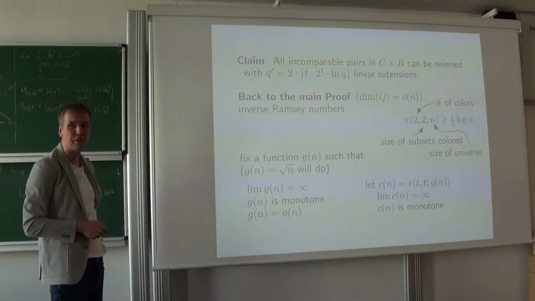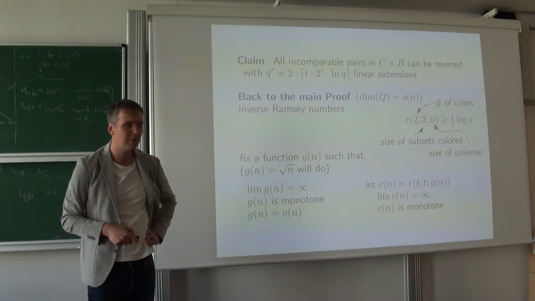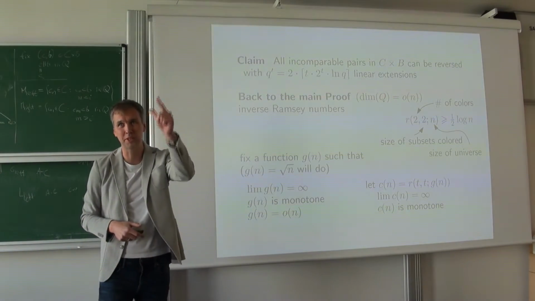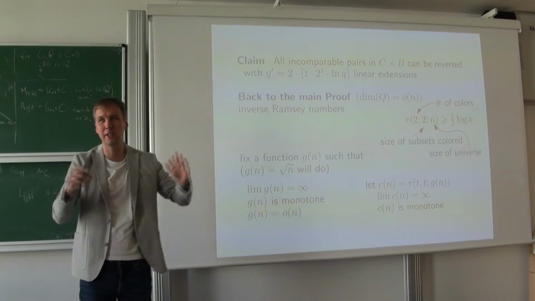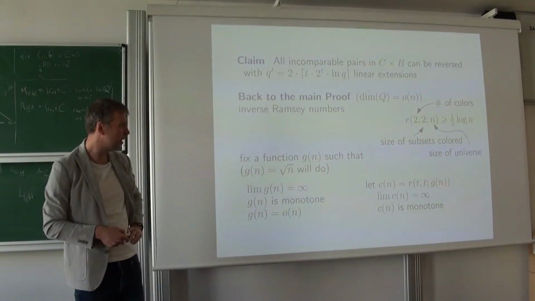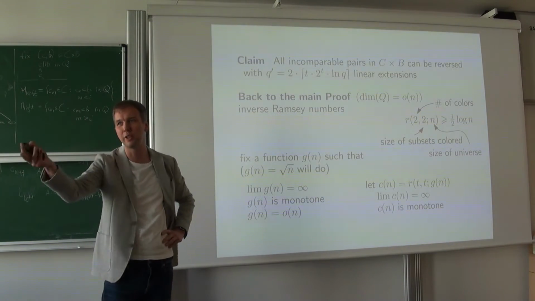So take this g(n), your favorite g(n), and now we go back to the Ramsey. We are t-coloring our t-subsets of our universe. And now the universe at the beginning is of size n, that's n elements in A. I want to be ready for a universe of size g(n). So g(n) like square root of n, for example.